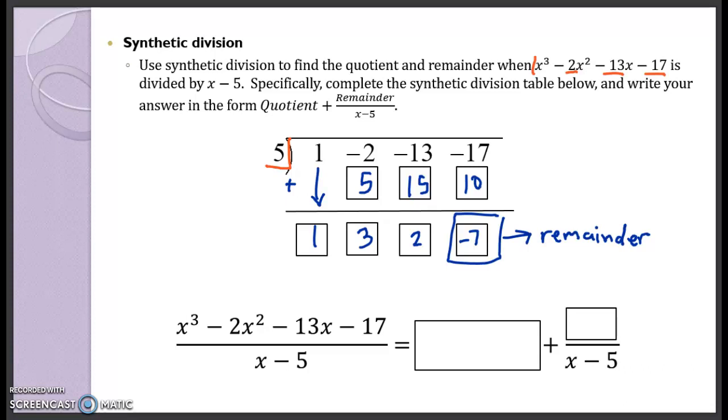For the other boxes, we increase the degree of our x's attached. So this is our constant term, this becomes 3x, and this is x squared. So we're going to end up having x squared plus 3x plus 2. You see those coefficients? And then the remainder will be negative 7 over x minus 5, just like with long division.